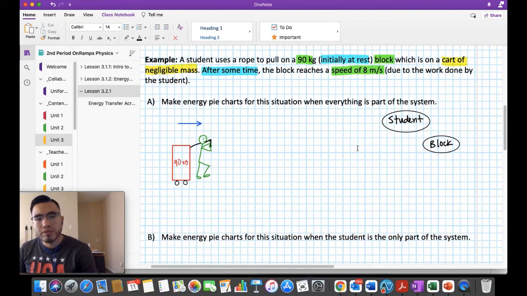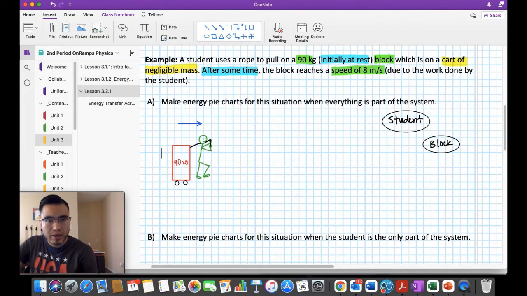So if you think about it, the Earth would be a factor for gravity, right? It would contribute gravity, or force of gravity by means of weight.